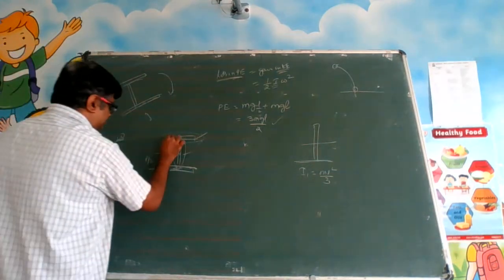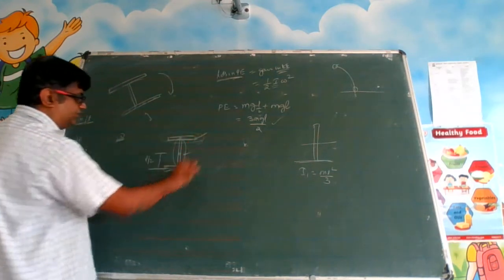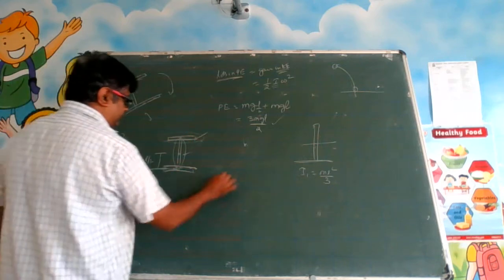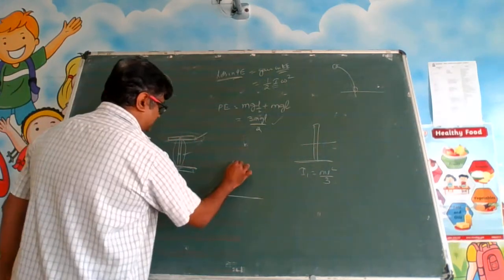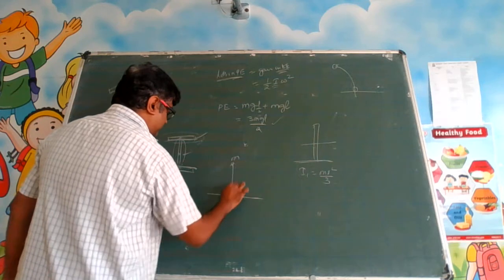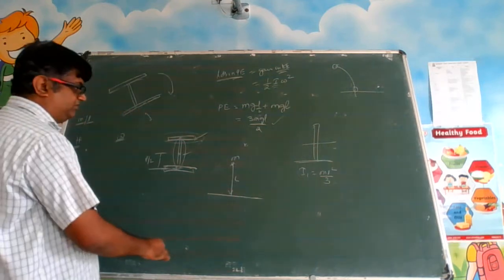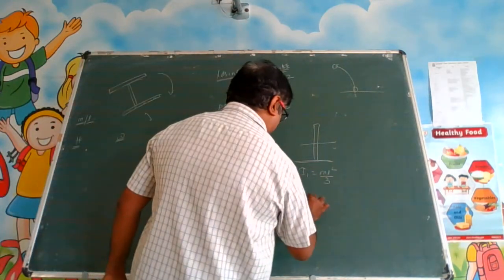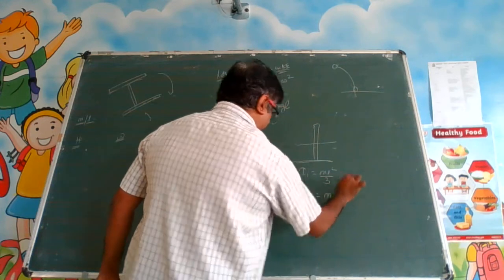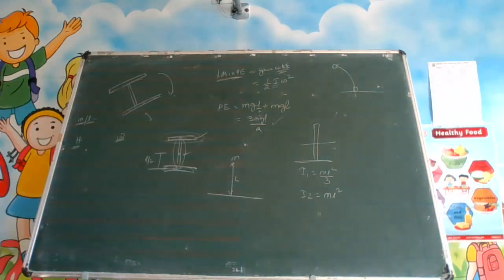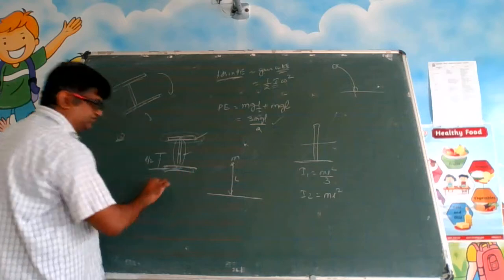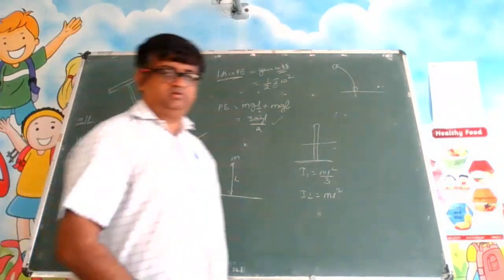Now when you take this component, the horizontal component, its mass is somewhere here. This is the axis. Its mass is here and this is your L. So what is the moment of inertia? I2 will be ml square. It is mr square. Now this is rotating about its own axis. It will have no moment of inertia.